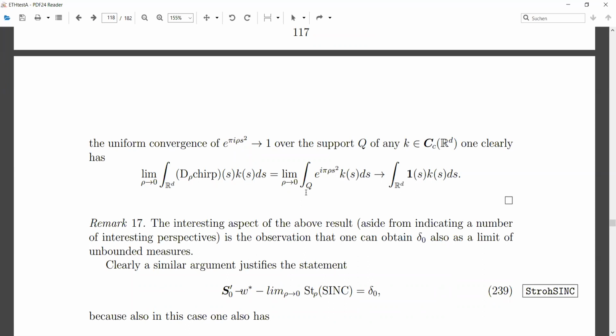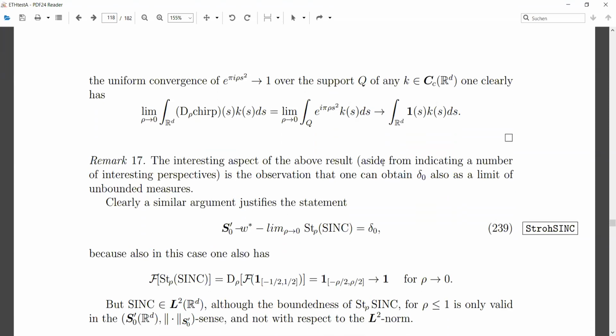Now, because the support is compact, when we have K fixed, we can write it for a fixed Q, and then this is going uniformly, and then it's clear that this will have in a limit just 1. This is something that you can do with Riemann integrals without problems. So we don't need something like Lebesgue-dominated convergence theorem or deep measure theoretic results, but we need the setting of S0 prime in order to come up with such a statement.